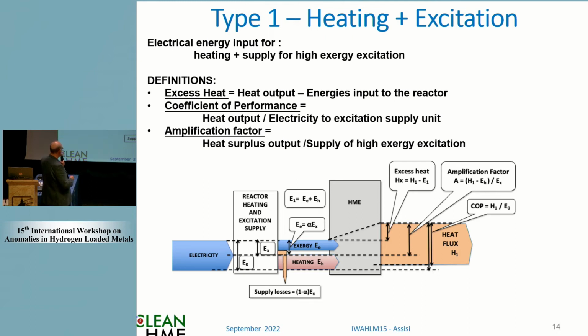This is the ratio between this heat output and what? The heat, the energy input. And I also like to talk about the amplification factor. This is indeed the additional heat you get compared to this exergy input.